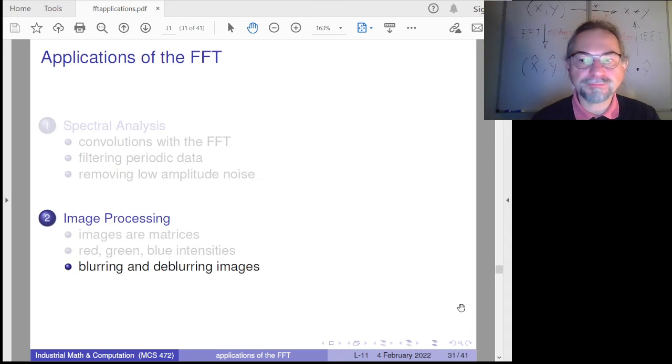Okay, now our actual application. So what is it that we want to do? We still haven't used the fast Fourier transform. With image processing, a lot of computations are pixel by pixel, or sometimes averaging. Later in this course, we will see models of diffusion, the way heat dissipates.